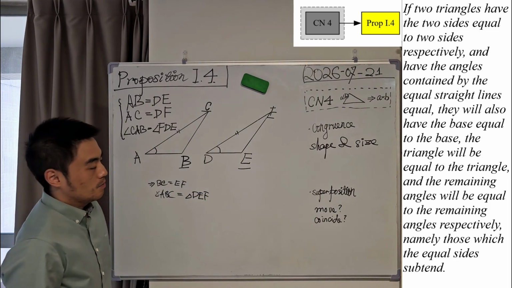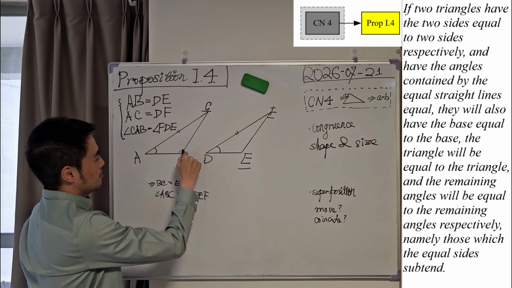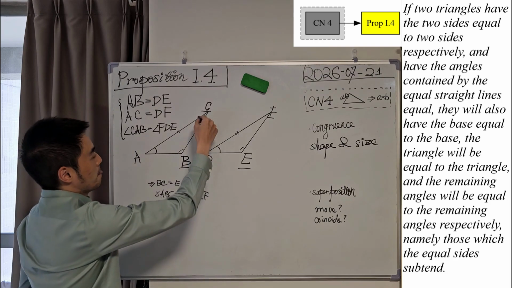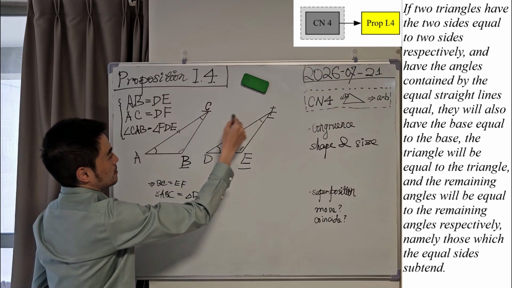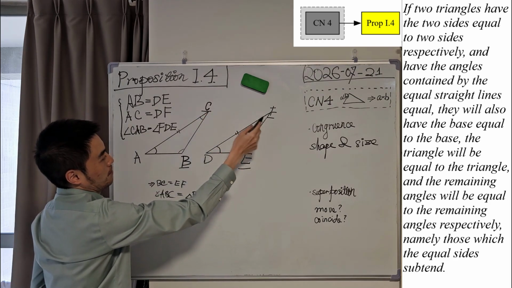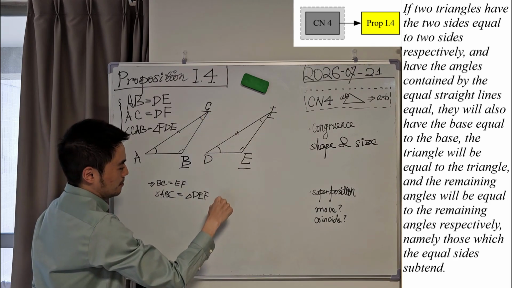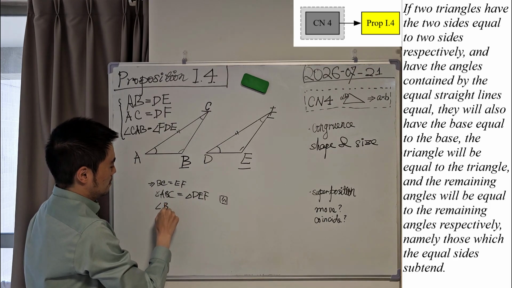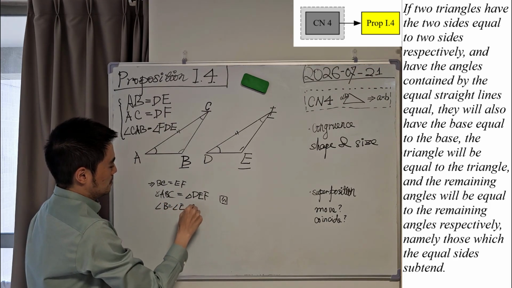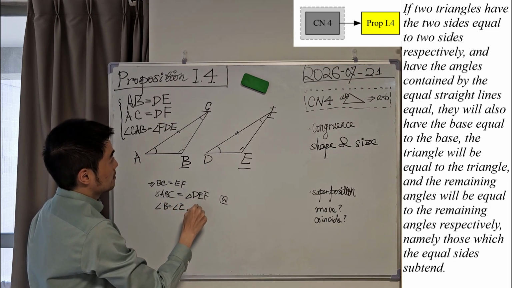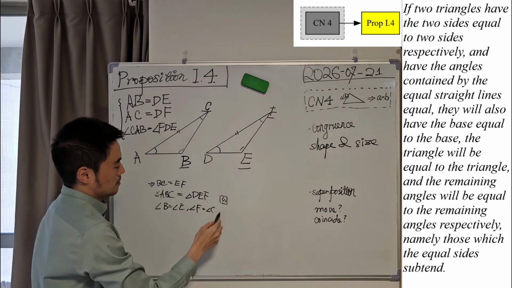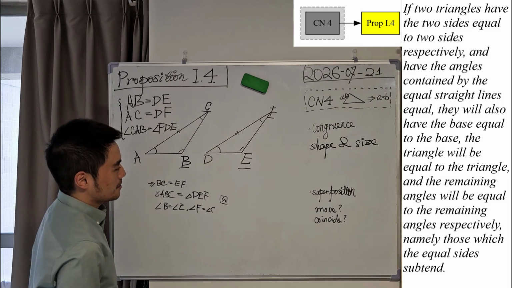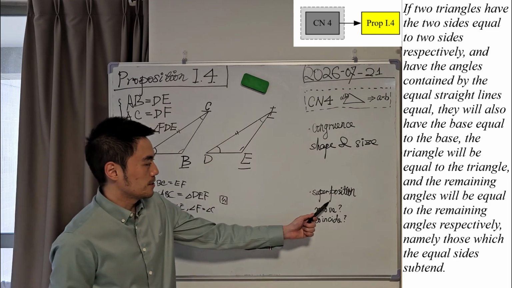And similarly, we know that this angle and this angle are coinciding, so they are equal, and the remaining angles are also equal because they are coinciding. This ends the proof. It is short but really controversial because of the superposition.